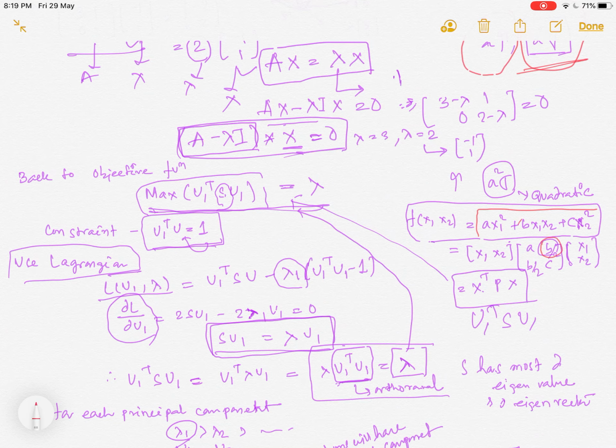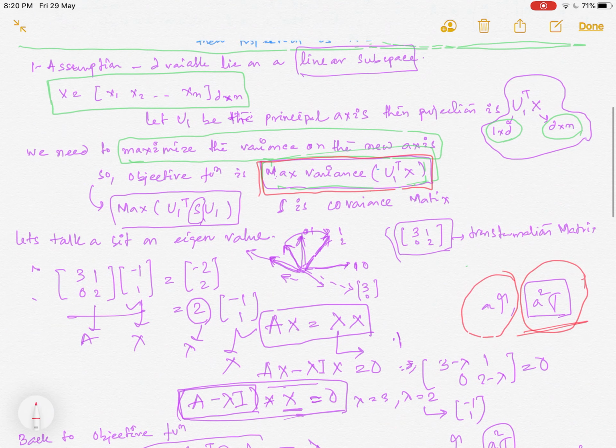If we have to make it symmetric, we write b by 2 over here and put the other half over here, and then again x1 and x2. So it is x transpose P x, which is similar to what we have in our objective function, that is u1 transpose S u1. For us, S is the covariance matrix.